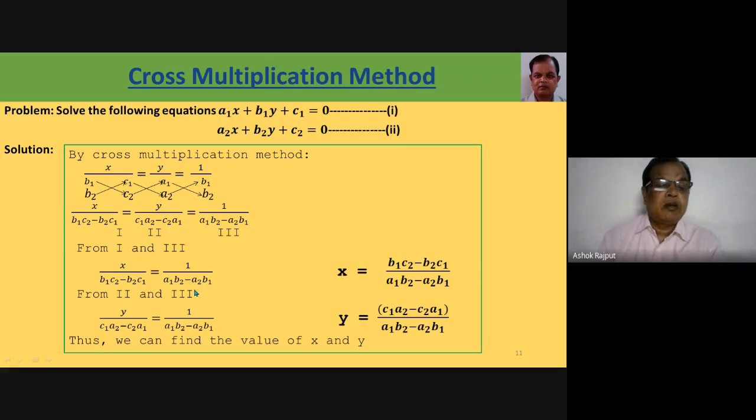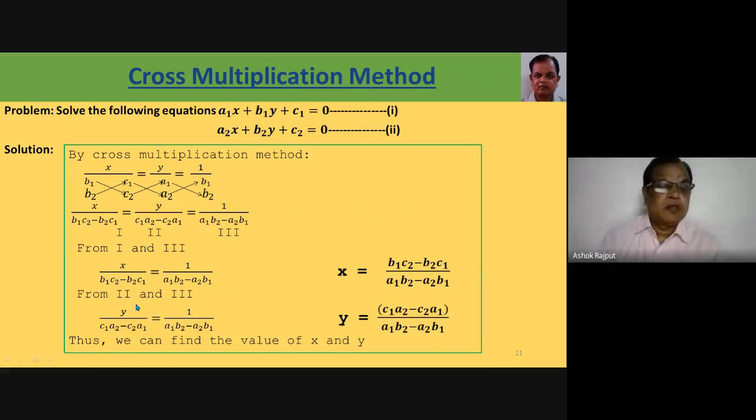If we multiply by the cross product, then we can find the value of x simply. When we multiply any term by 1, we get the same. Therefore, x will be b1 c2 minus b2 c1 by a1 b2 minus a2 b1.